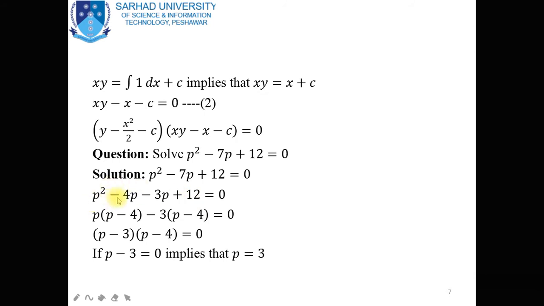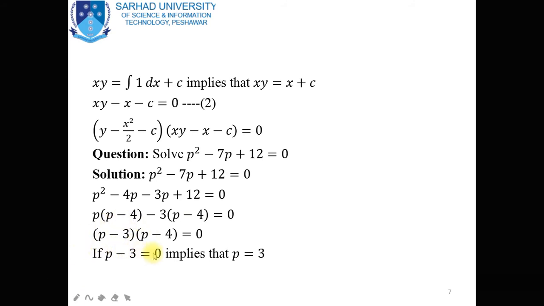Now taking p common from the first two terms, we obtain p(p − 4). Taking −3 common from the last two terms, we obtain −3(p − 4) = 0. Now p − 4 is again common, so we can write (p − 3)(p − 4) = 0. So there are two factors.